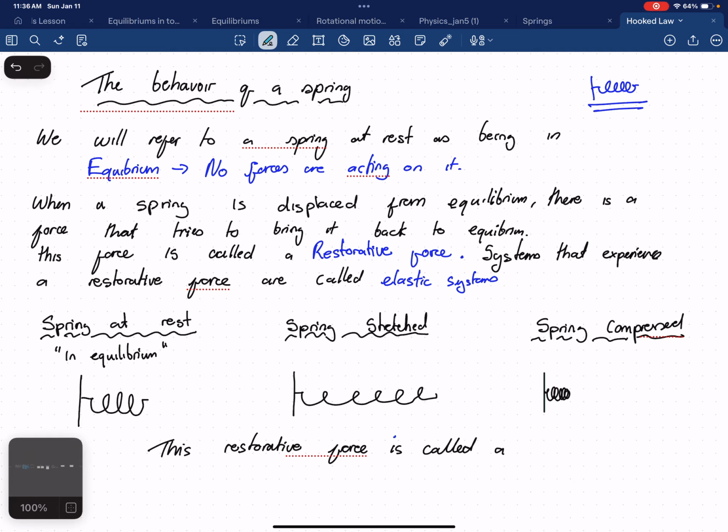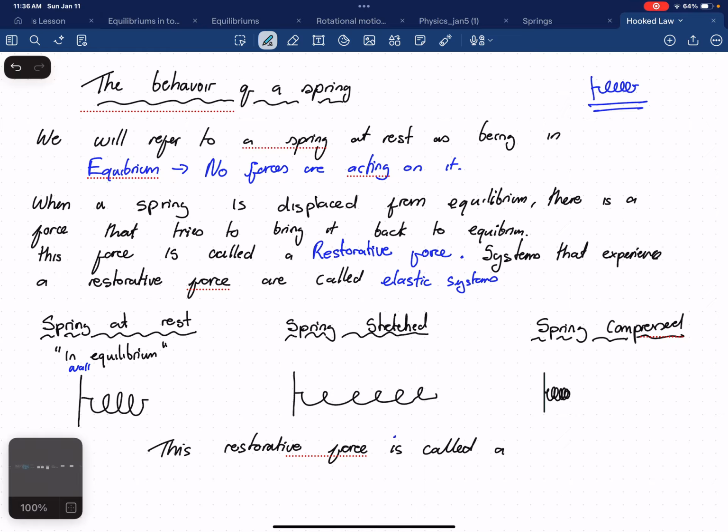When a spring is at rest, think of this as a wall, and the spring is connected with no forces on it. When a spring is stretched, this is what it will look like, stretched from equilibrium. And when it's compressed, this is what it looks like.